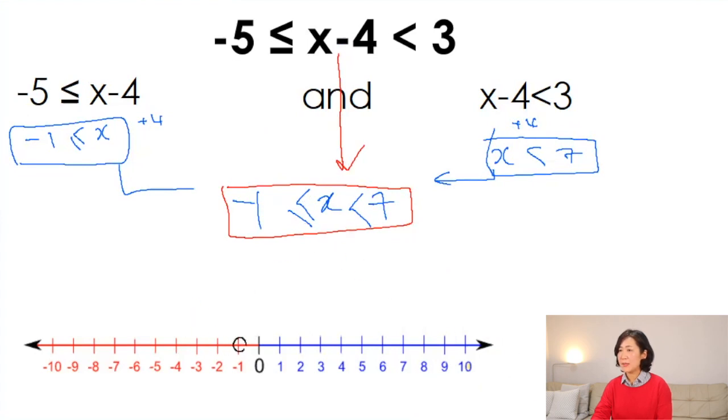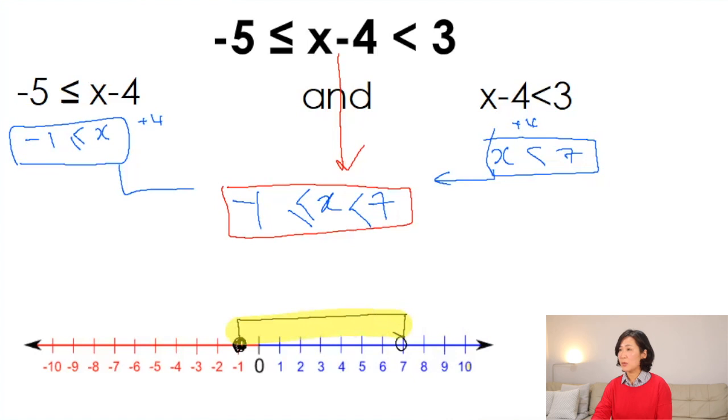Starting at minus 1, we have a closed circle since it has equal to, then it goes to the right side up to 7, where we have an open circle. Then I'm just going to shade this with the yellow one. This is the solution for the compound inequality.